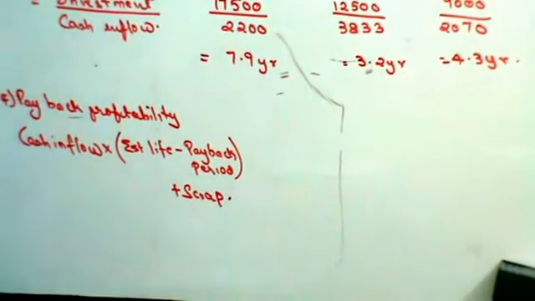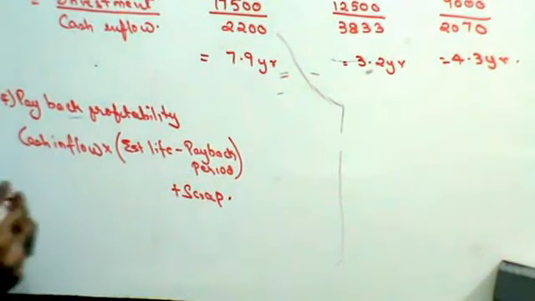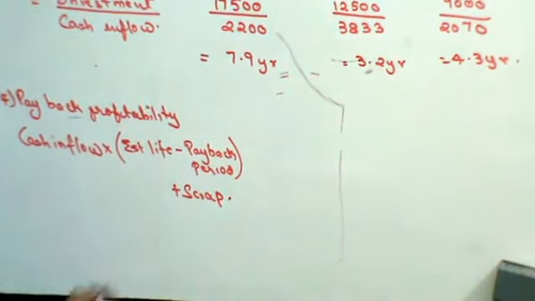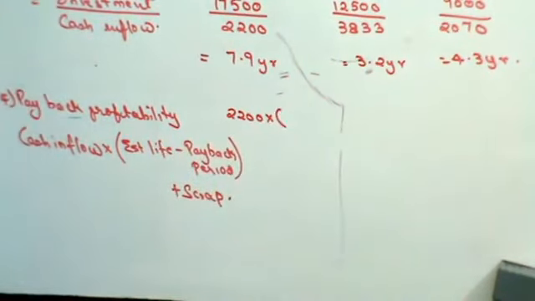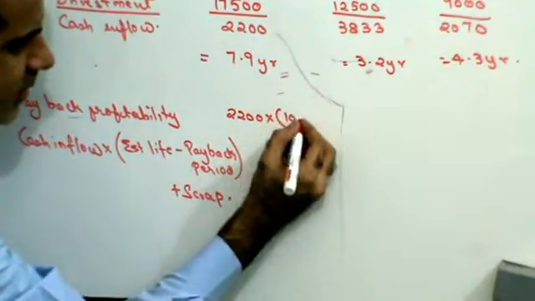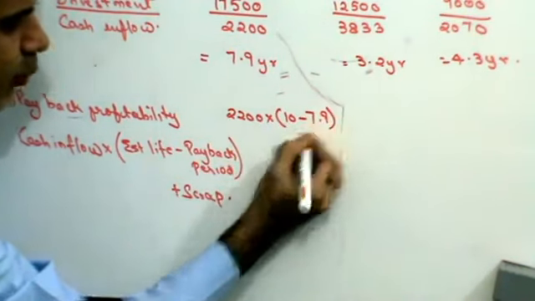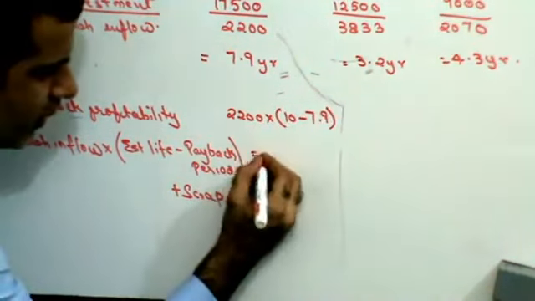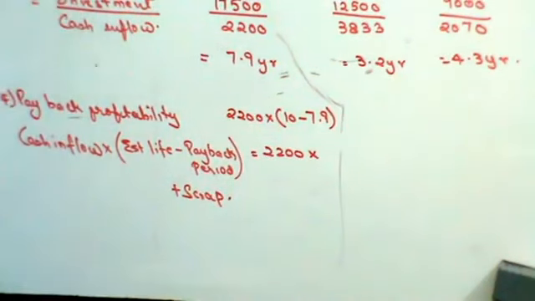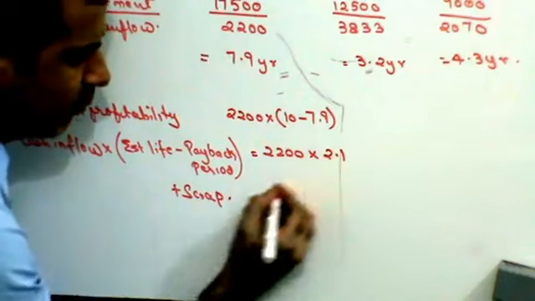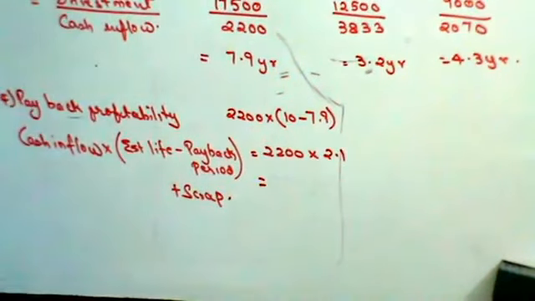Now in this particular sum there is no scrap value of machinery. So for machinery A, cash inflow is 2200 into life of the machinery is 10 years, payback period is 7.9 years. So this is going to be 2200 into 2.1. Someone will have to get me this answer, guys. 2200 into 2.1.